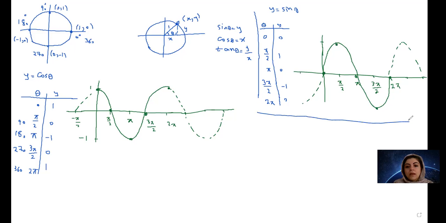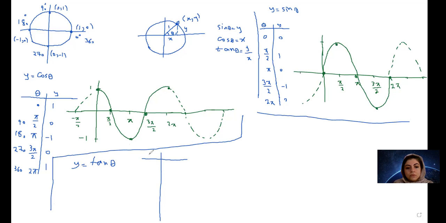just put a line here. So y equal to tan theta. Again, we need to do the points, right? So theta, and here is y. We do for 0 degree, we do for 90 degree or pi over 2.